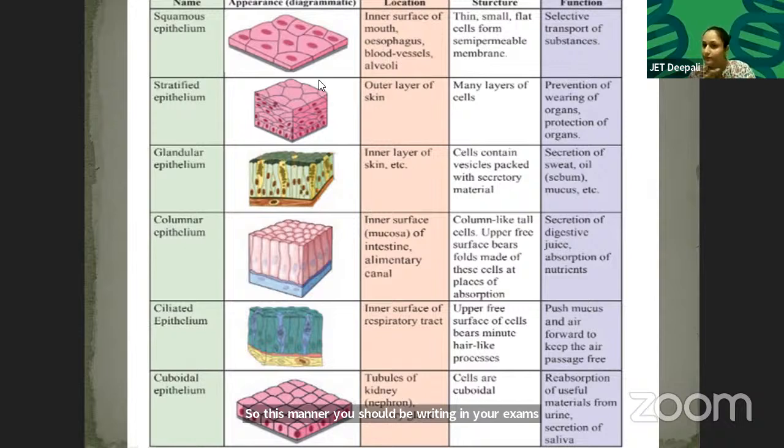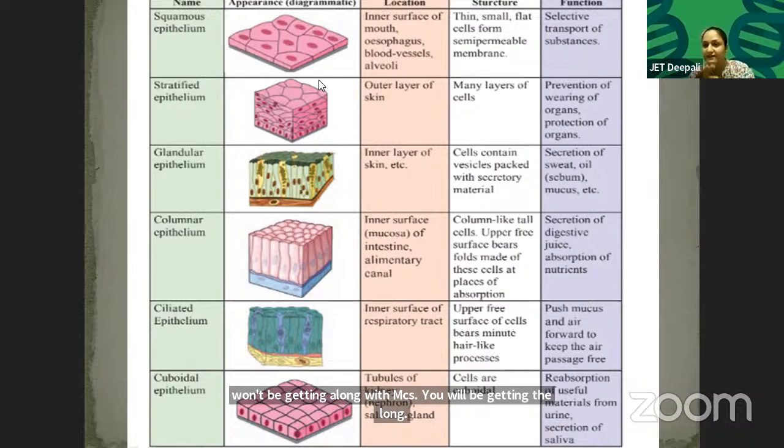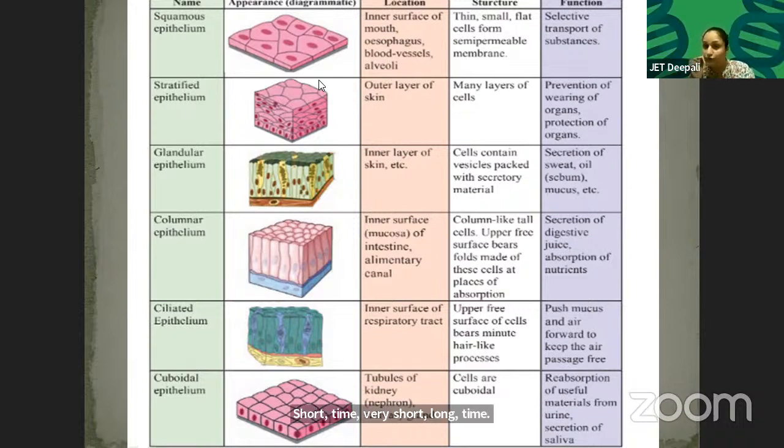In NEET, you will get MCQs, but in your schools, along with MCQs you will also get long answer questions. Short type, very short type, long type, this kind of thing. Have you ever noticed why students who get more marks use more answer sheets?